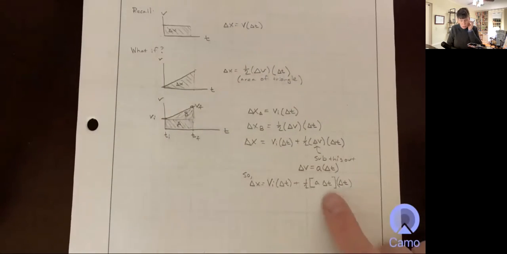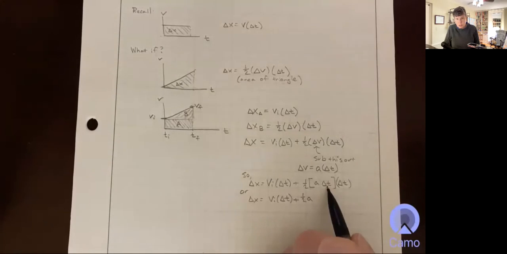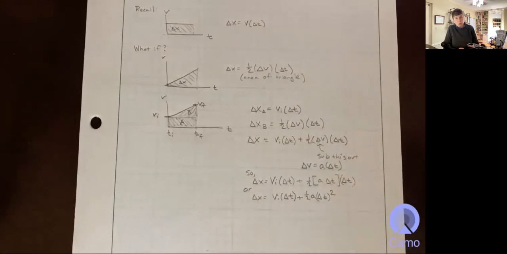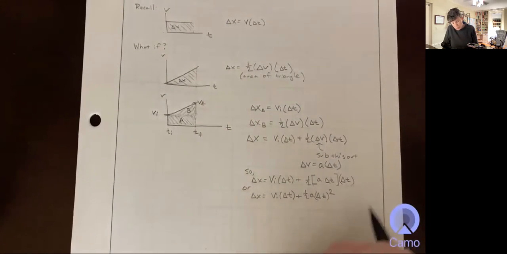So there's one little simplification we can do here. Delta T times delta T, any number times itself, is squared. This equation is a super useful way for calculating. So we're going to label this as equation 3.